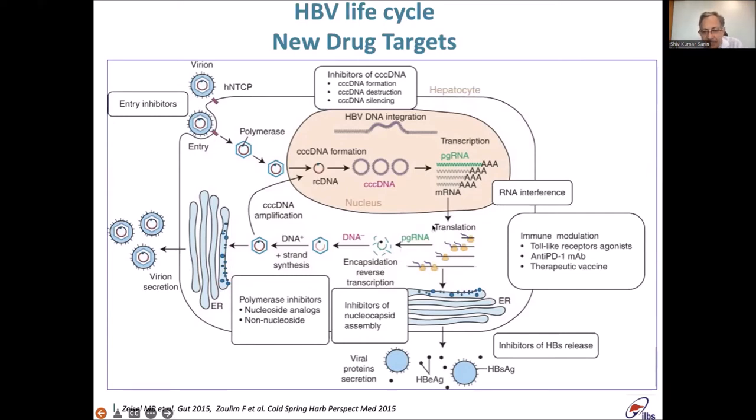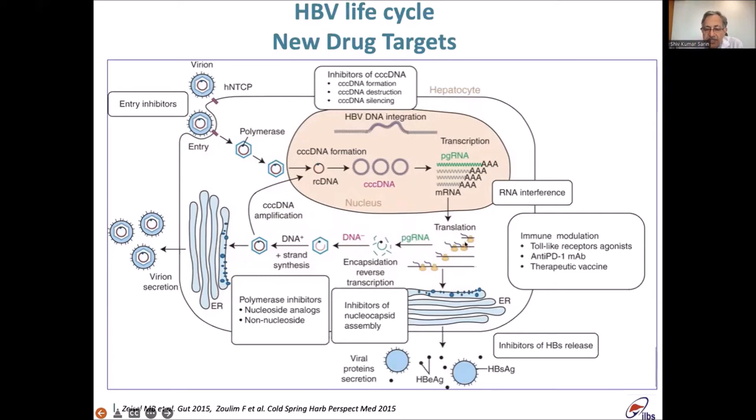Current drugs are all here, pre-genomic RNA. But current drugs can also prevent RNA to DNA conversion. You can also have drugs which may not allow single strand to become double strand or allow the virus to be secreted. You may have inhibitors of assembly.